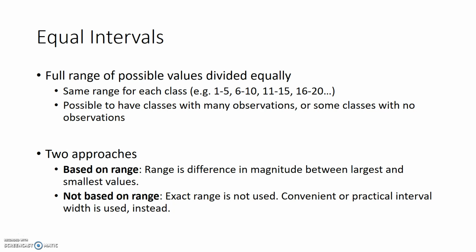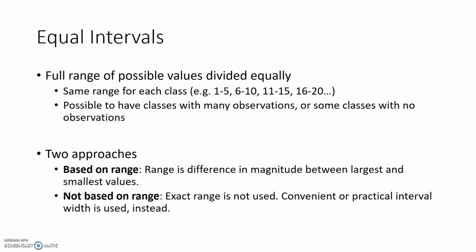The first, equal intervals, is where you take the full range of possible values, so not necessarily the values associated with the data you have, but the hypothetical range of values that you could have.